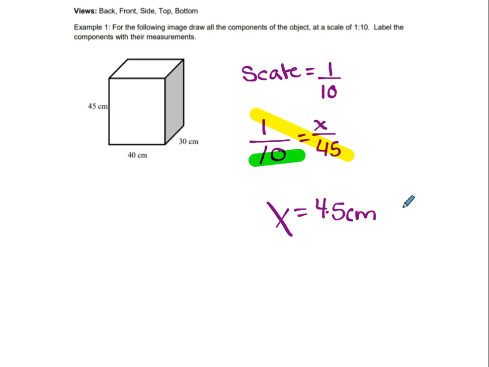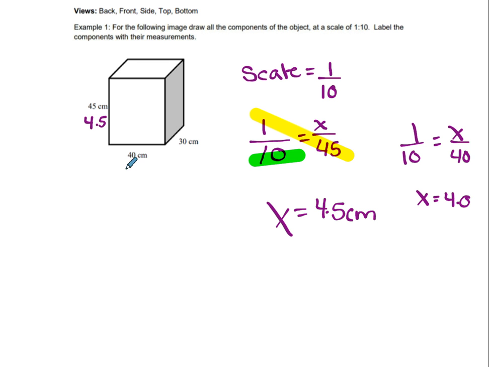centimeters in this case. So we can also just make a quick note over here that this one's now 4.5, just so that we know which one belongs where. I also have a 1/10 scale factor for x over 40. If I cross multiply, divide, I get x equals 4.0.